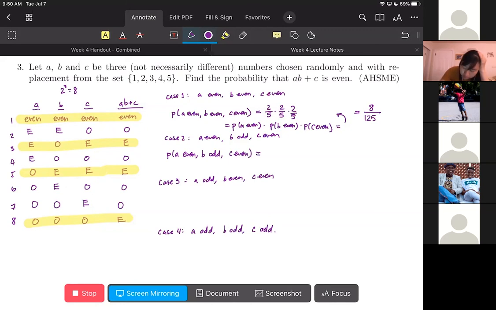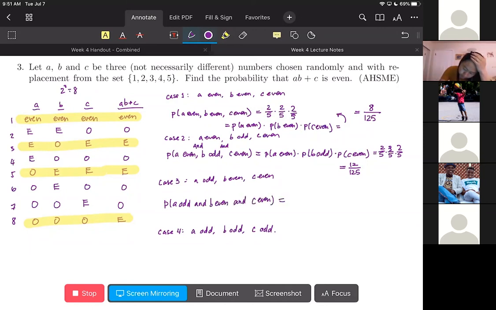Right, so again here, the probability that A is even, B is odd, and C is even, this is sort of "and", equals the probability that A is even times the probability that B is odd times the probability that C is even, which is 2 over 5 times 3 over 5 times 2 over 5, which was 12 over 125. Cool. What about case 3? It would be the same as case 2 because we're still dealing with 1 odd and 2 evens.